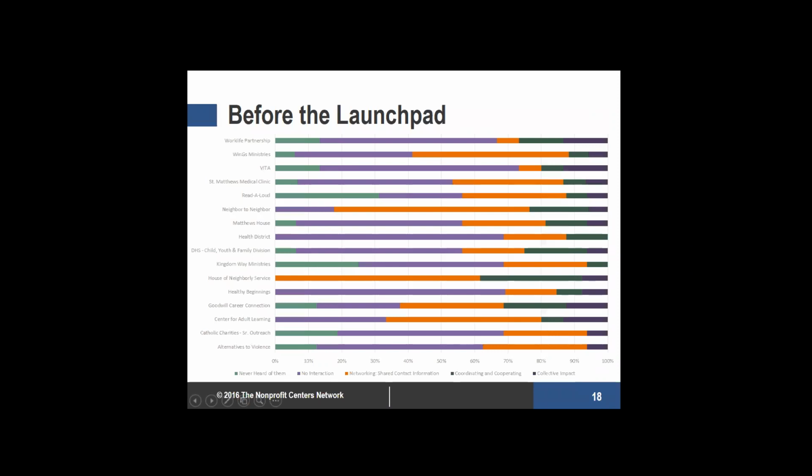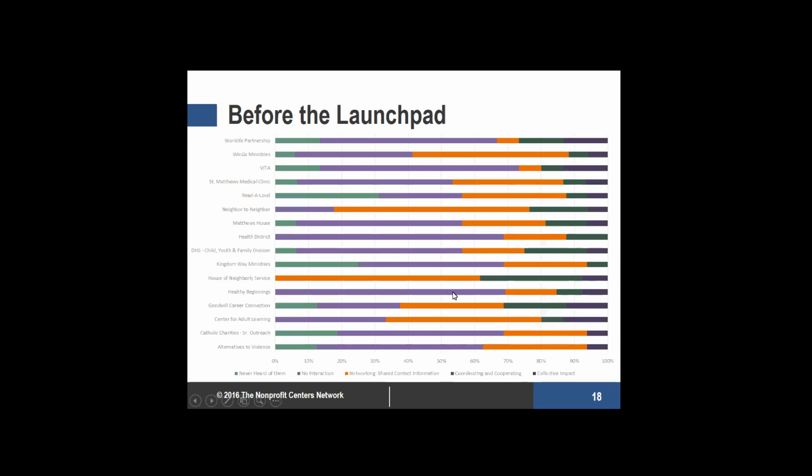We ask every organization in the space about all the other organizations and what their level of interaction is with them. The light green gray on the left side is never heard of them. We don't know who these other organizations are. Purple is we know who they are, but we've never had any interaction with them.